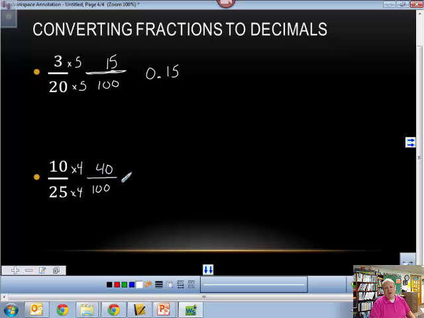So I have 40 over 100, which equals 40 hundredths, or I could say it's 4/10. Because when I talk about decimals, I'm talking about the last number that is not a zero and what place it is. So I could say that 40 hundredths is the same as 4/10, and that's how I write my decimal.